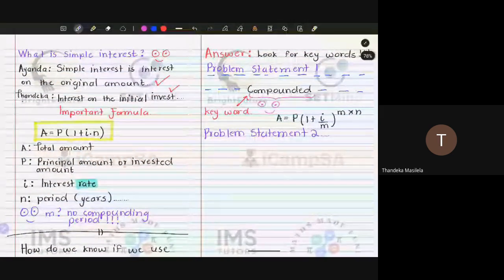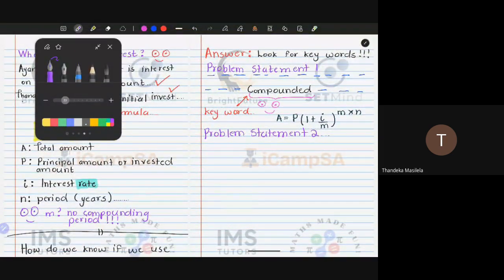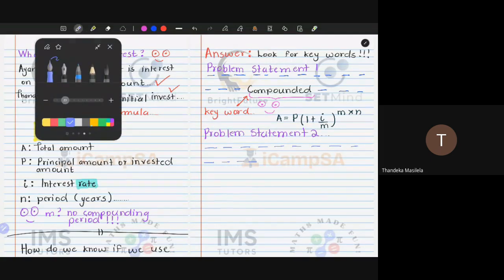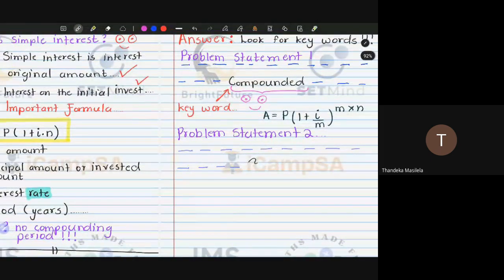So let's say I'm told a story, and they start talking about the interest, but they don't put in the word compound. Do any of you remember what word they put? I'll remind you. Somewhere in the statement, we see simple interest.